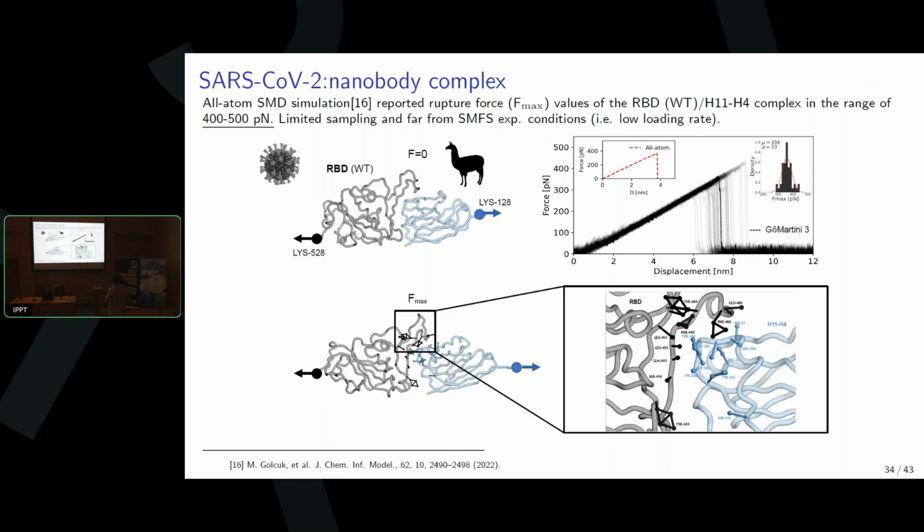And okay, once you have this, then you wonder, so what is happening? Who are the amino acids that are responsible for the Fmax? You go back to the trajectory and look at your system at Fmax, and you see that there are some amino acids, pretty much the aromatic ones, that are holding the highest forces on the complex.